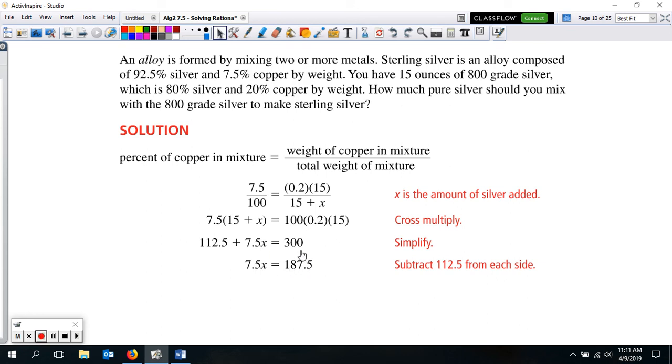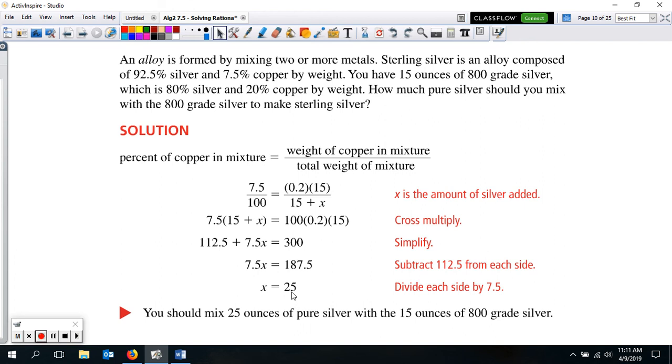That gives us 187.5. Now on this side, divide by 7.5. So X is 25, which tells us that's how much of the pure silver. That's 25 ounces. We were talking about ounces here. 15 ounces, so this would be 25 ounces of pure silver needs to be added to the 15 to make that sterling silver then.